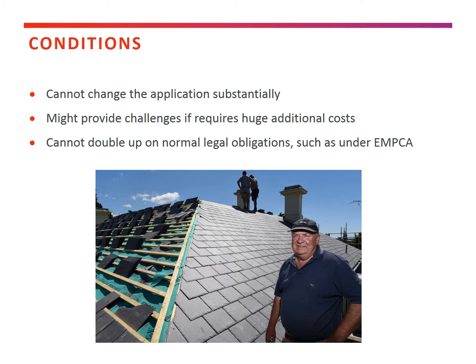So by way of an example, if an application comes in for a colour bond roof in a heritage area, where all the roofs around it are slate, then as the council planner, you know that it's really not going to get approval as it's currently been written. You can have a conversation with the applicant about that and say, look, here's the requirements. I don't really think what you've got here is going to get through.